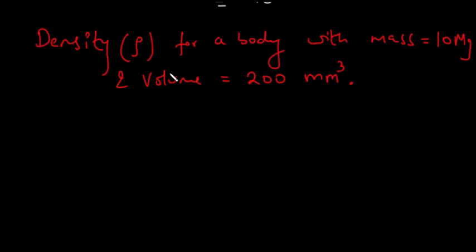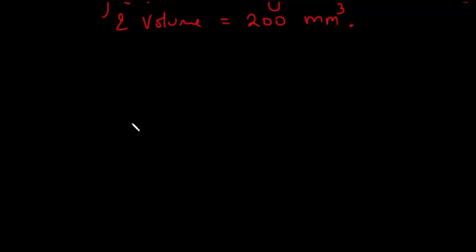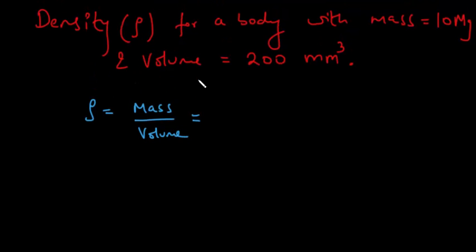Now you have to find the density in SI units. So how can we do this? We write rho is equal to mass upon volume, where mass is given as 10 megagrams upon volume, which is 200 millimeter cube.